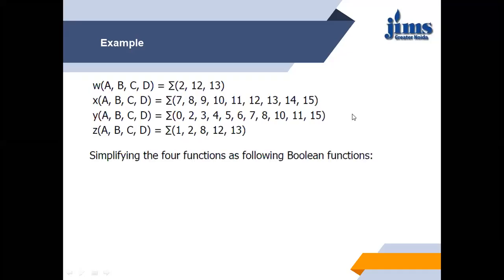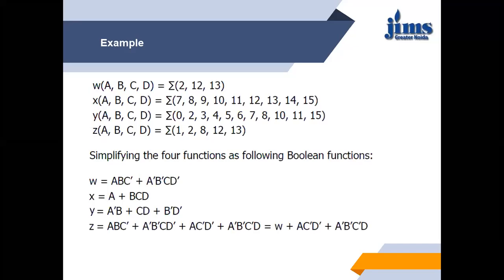So simplifying the 4 functions, W comes as A B C bar plus A bar B bar C D bar, and this is obtained after solving with the help of the K-map. As practice, you can solve it with the help of the K-map. So after minimizing, W equals A B C bar plus A bar B bar C D bar.